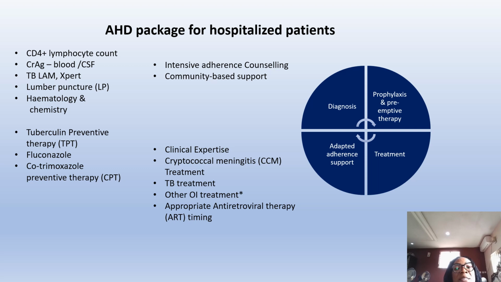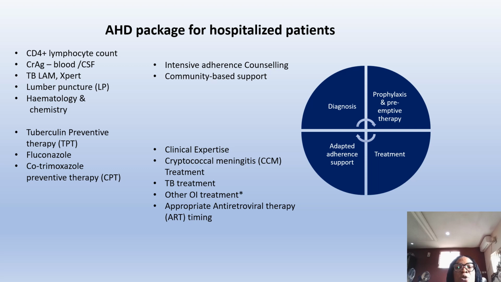Appropriate antiretroviral timing is also very important and crucial, because for people with opportunistic infection comorbid with HIV, we don't rush to start antiretroviral drugs. We first of all manage the opportunistic infection, because the opportunistic infection can easily kill the patient far faster than the HIV the person has always had. But there's timing. We don't rush to start both together because of complications of IRIS, that's immune reconstitution inflammatory syndrome.